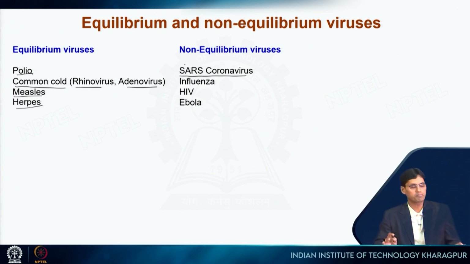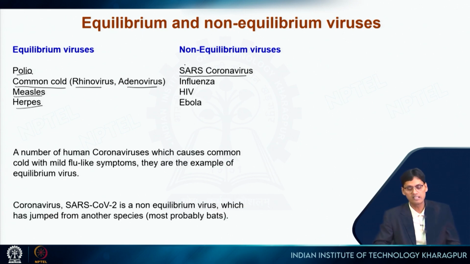There are so many examples, I am just restricting here. Now, a number of human coronaviruses, which cause common cold with mild flu-like symptoms, are also examples of equilibrium viruses.